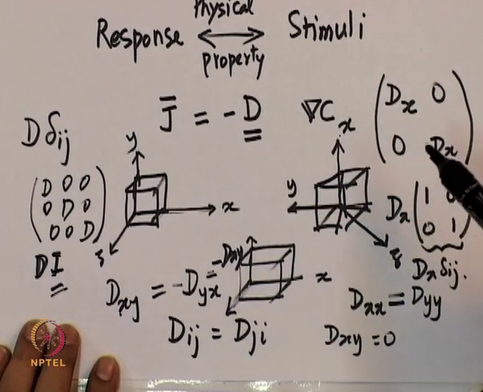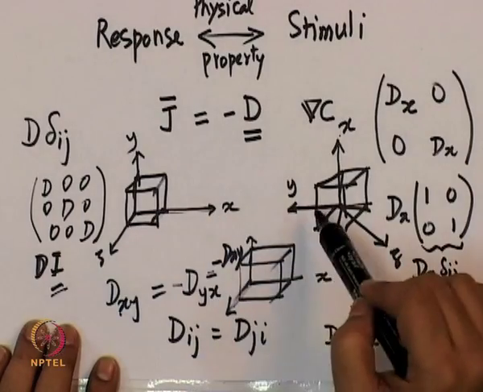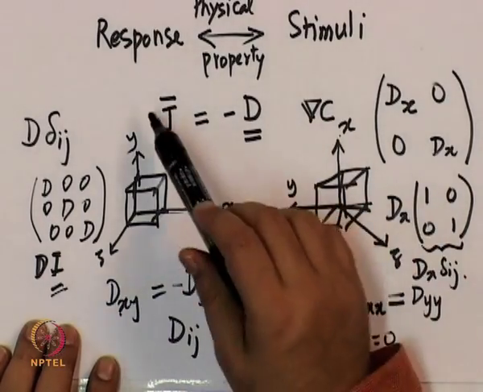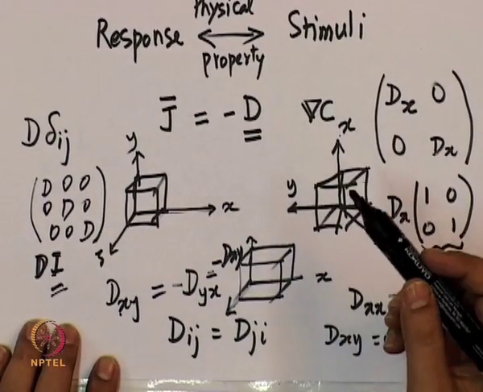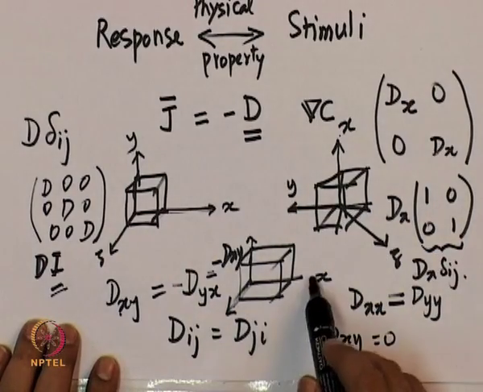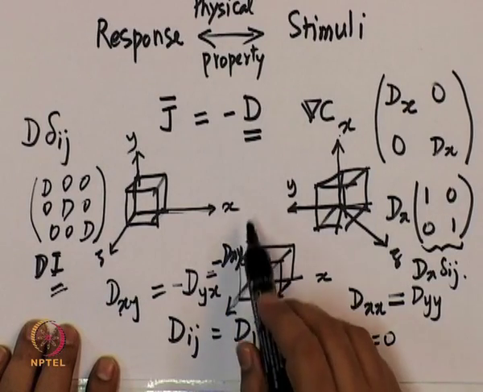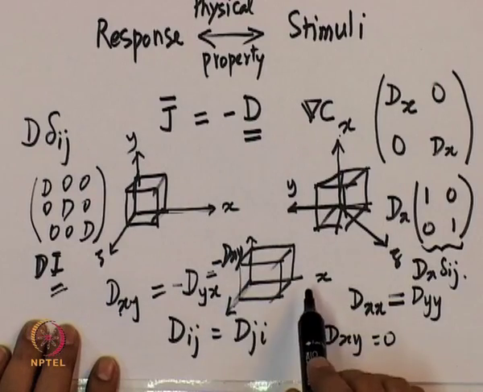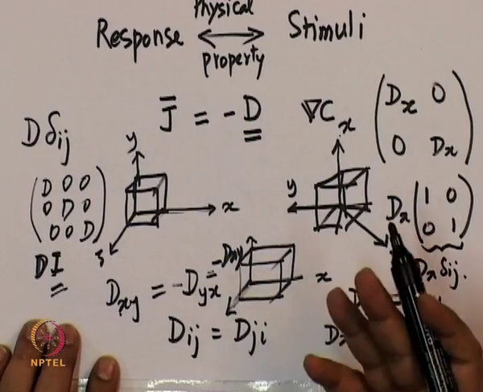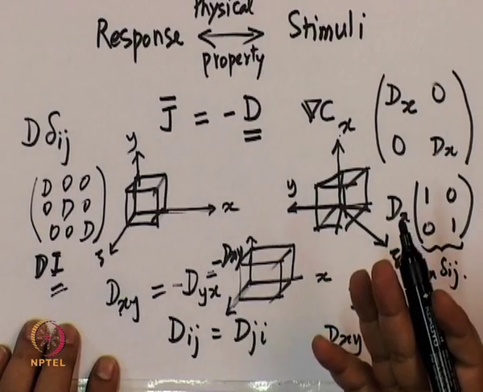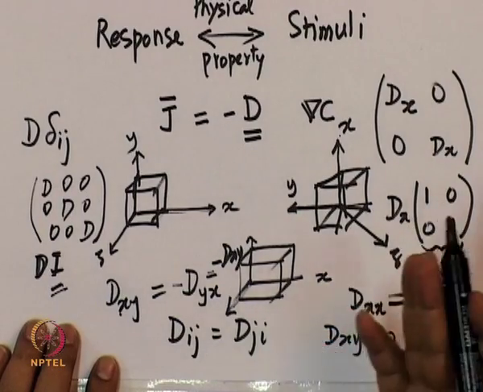But one can also see that instead of doing the operation on the crystal, you might as well do the operation on the stimuli and response themselves. You can put it along x and measure along x or y, or you can put it along y and measure along y or x, and these two should be equivalent, because x and y are not distinguished in a cubic crystal. x, y, z are all the same, it is just the labeling.